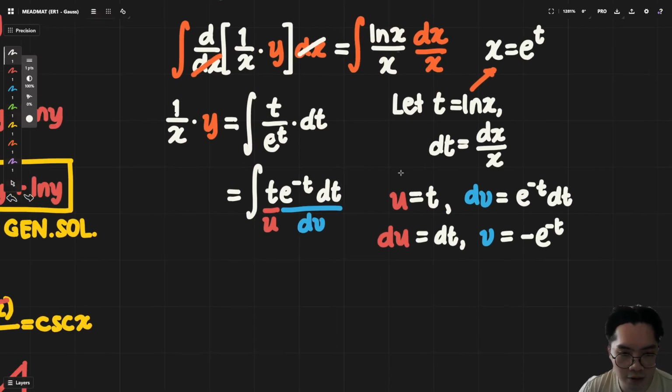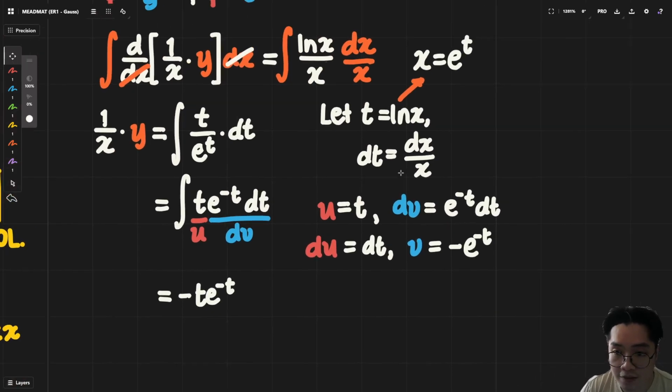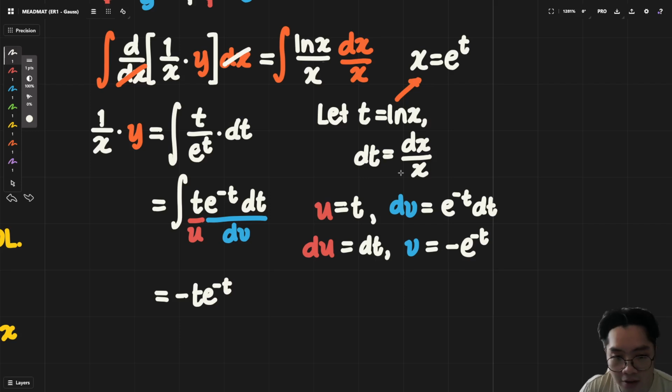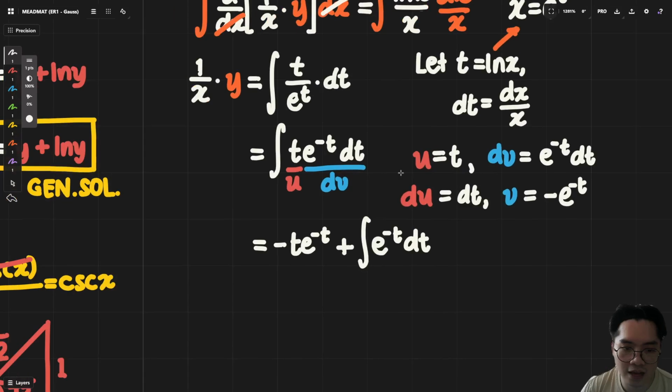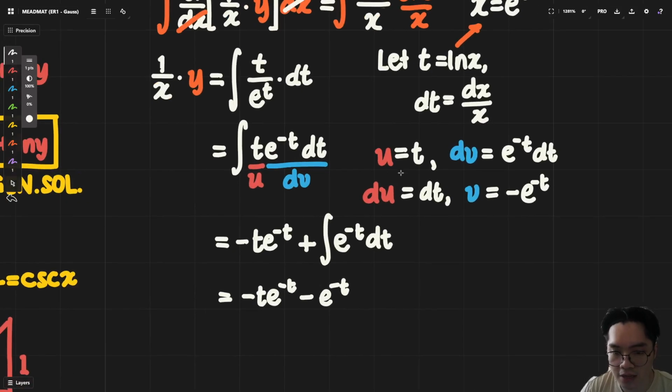Okay, let's try this out. uv is negative t e raised to negative t minus the integral of v du, but because there's a negative in here already, I'll make that a positive, e raised to negative t dt, and that will just be equal to negative t e raised to negative t minus e raised to negative t plus c.